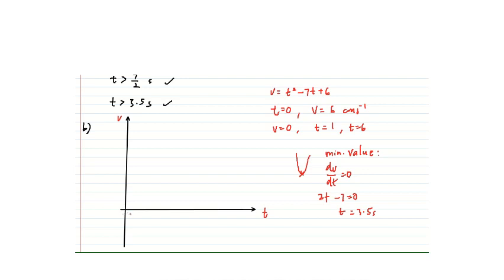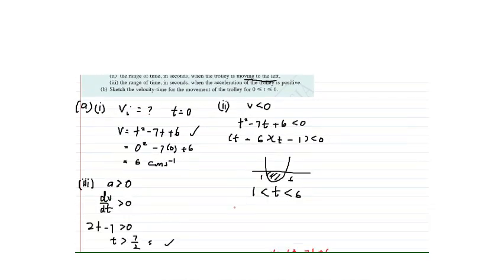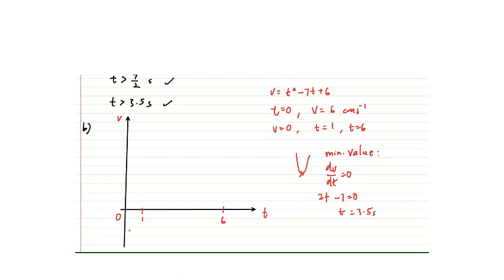Based on here, we put the scale. Put the value in both axes. It is 0 here. For t, we have t equal to 1, and then t equal to 6. The question asks us to draw from 0 to 6 seconds, so we have to do the range from 0 until 6 seconds. And then we want to substitute the value 3.5. It is 3.5 in the middle.